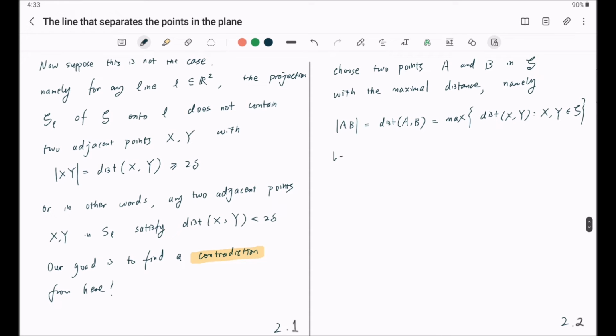Now we let M denote this maximal distance.